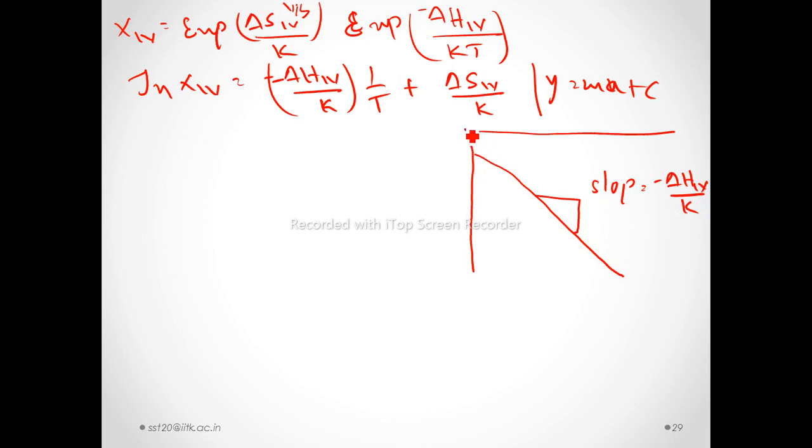This is the y intercept, delta S1V divided by k. ln of X1V versus 1 by T. This is the interpretation of this equation.